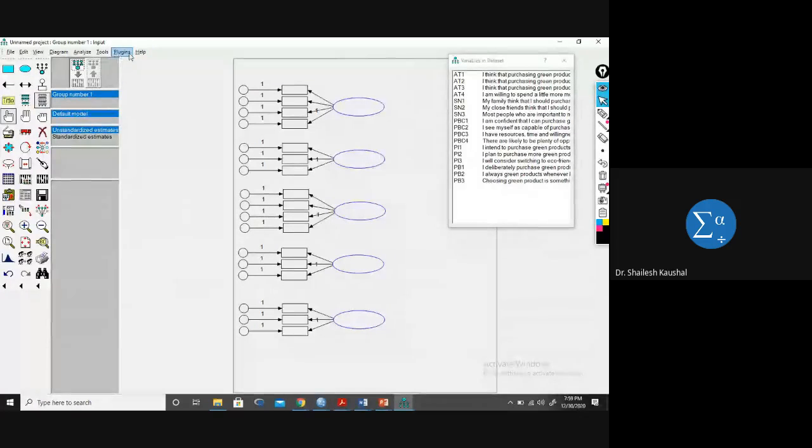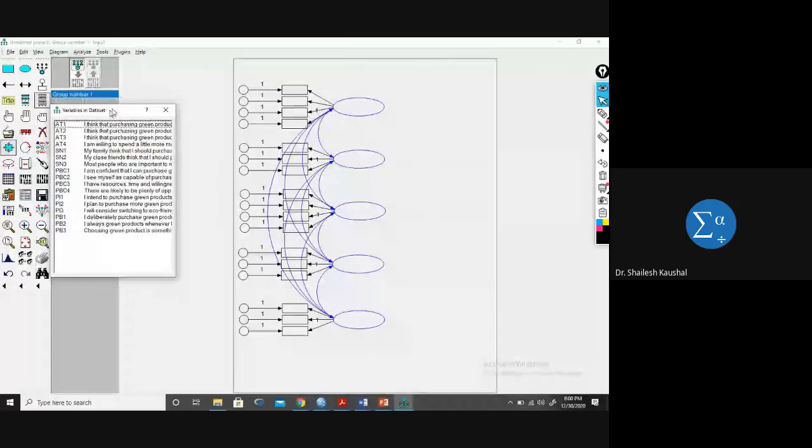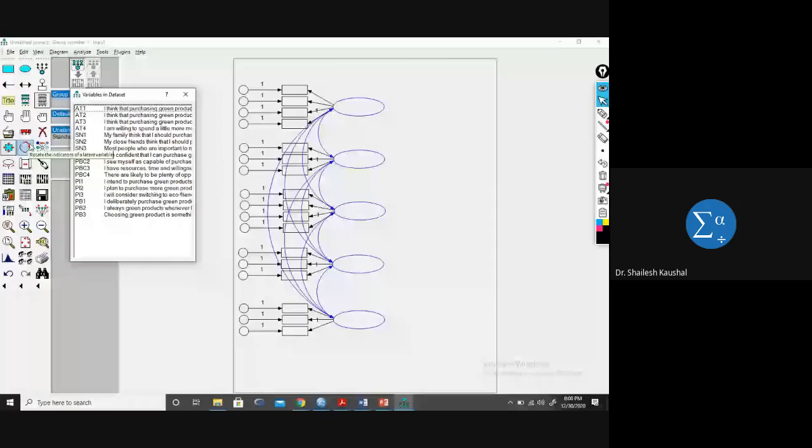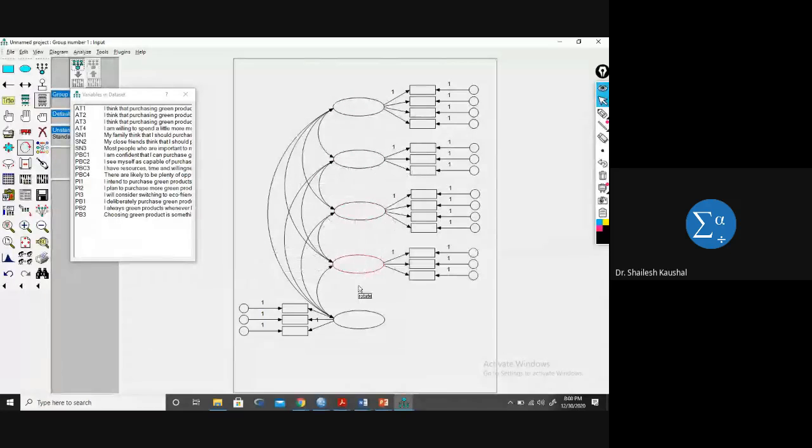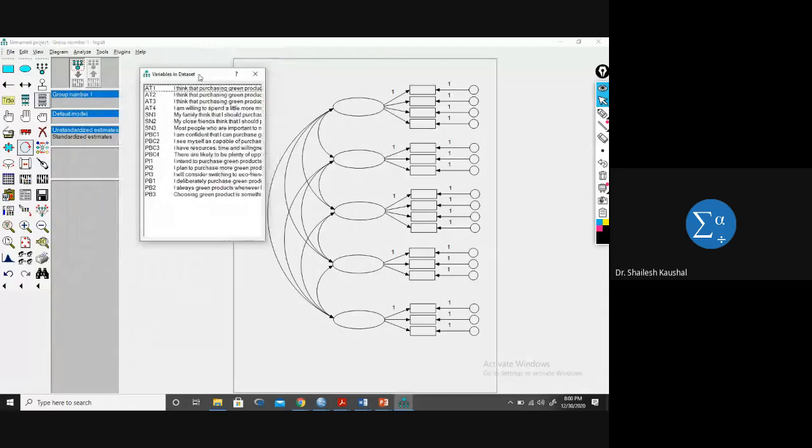I am going to plugins, and then draw covariance. Now what will I do? I will rotate it. First deselect, and then rotate. Okay, this is my CFA.